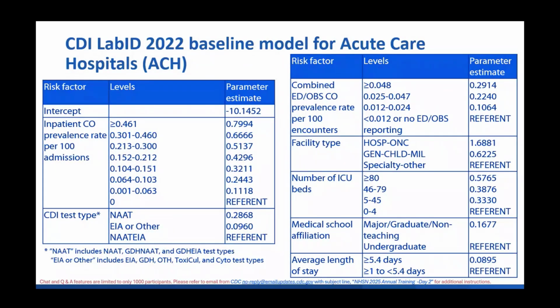If we move to the right of that, we show all of the parameter estimates that correspond to these levels. And there's some things I want to note. First, you will see the phrase referent given all across this table. For any variable that's defined by categories, we have to have a reference category.